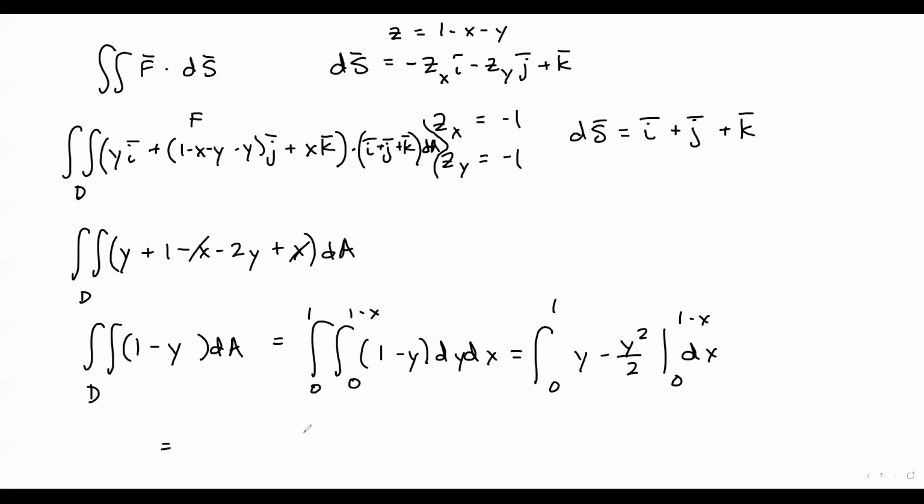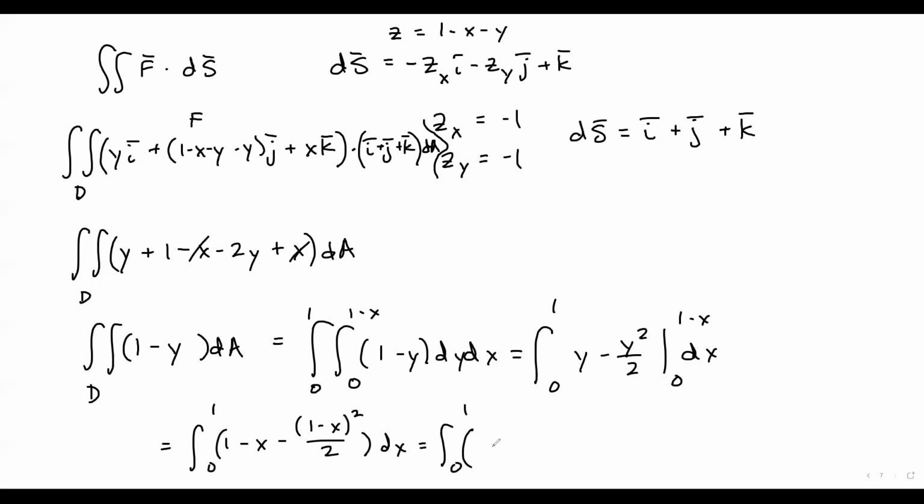We're going to need some space here to simplify. 0 to 1, this is 1 minus x, so let's just write this as (1 minus x) squared over 2 dx.